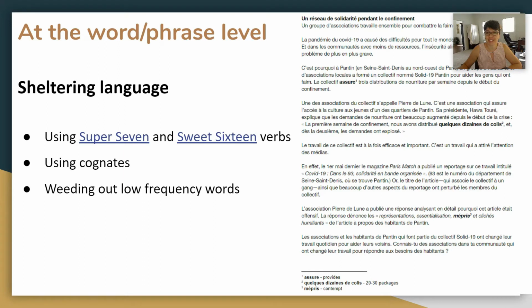So it's actually signaling to the students, oh, this article is going to be difficult because in the title, there is already a word that I don't understand. So I will work to edit the title so that it brings confidence to the readers and they know exactly what the article is going to be about and they feel confident that they can actually read it.